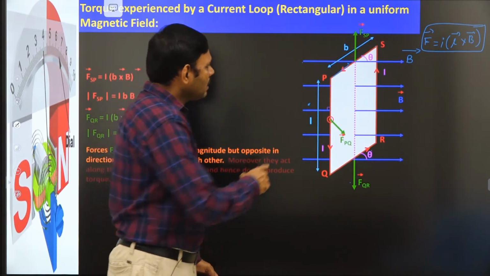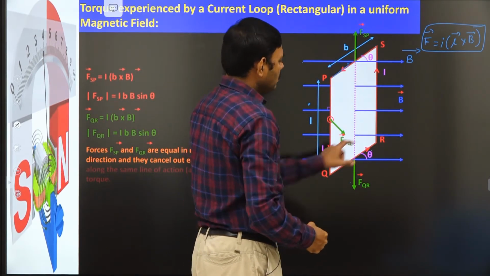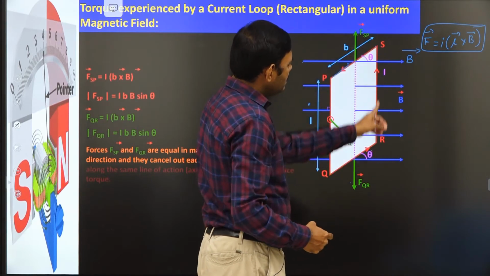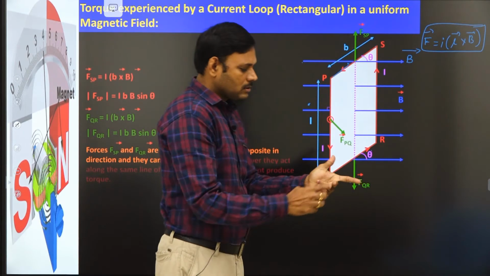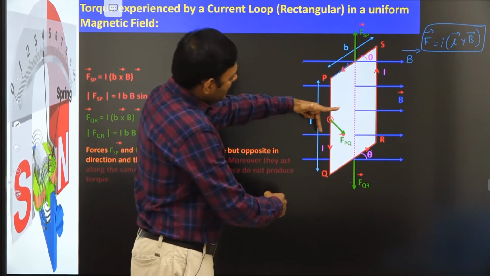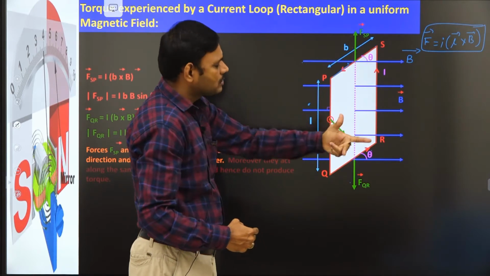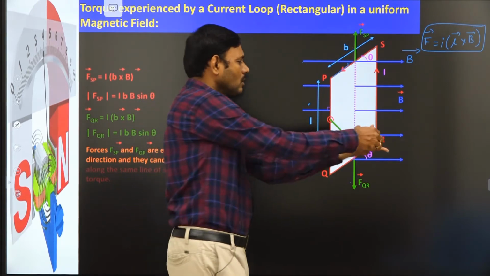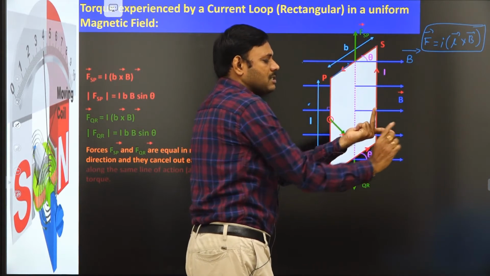And similarly, what about the SR direction? Along RS length, current is travelling from R to S in the upward direction. So in the previous case we put the current direction downwards, now we have to put the current direction upwards like this. So this is the RS direction in which current is travelling, the magnetic field remains in the same direction.